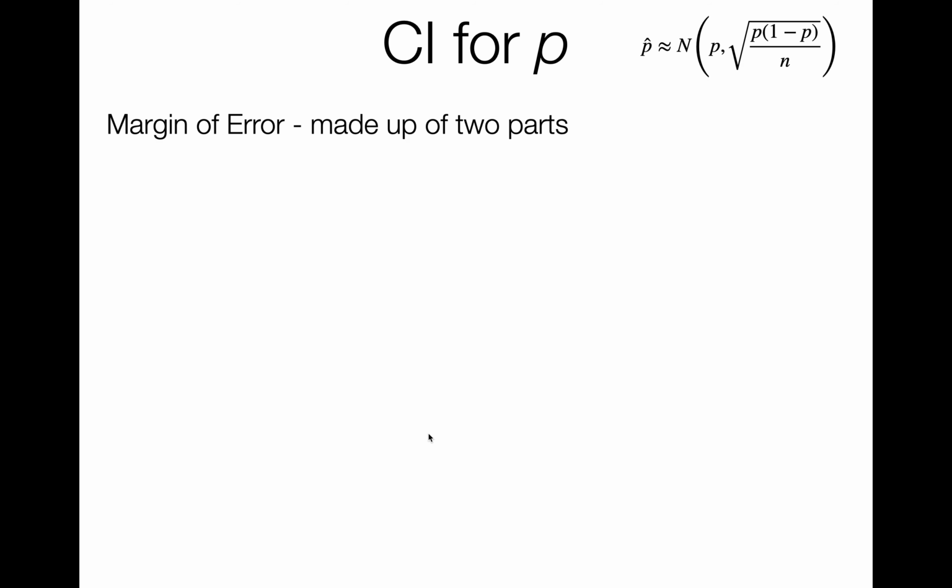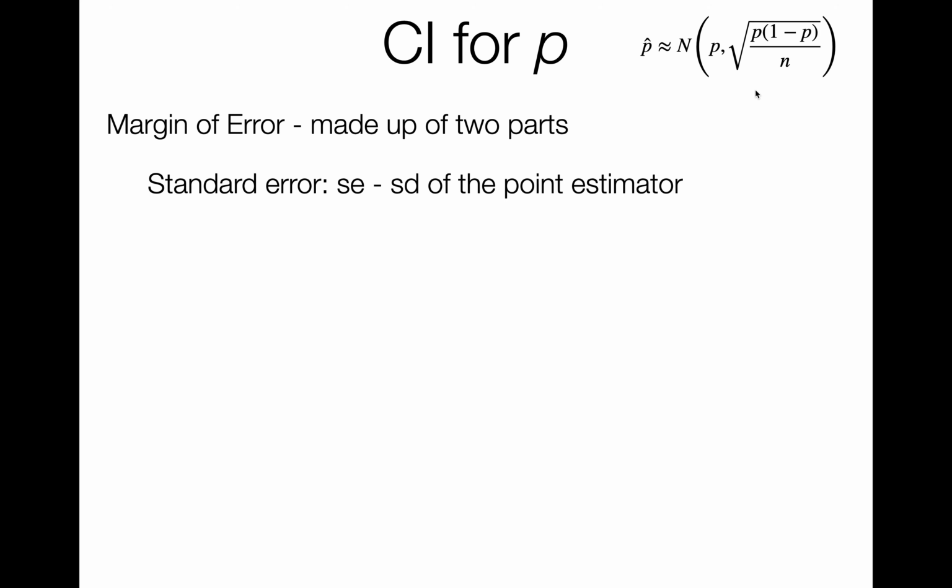Okay, so let's dig down further and talk about this margin of error. Okay, and I kept the sampling distribution up here in the top right just so you have that as reference. Okay, because we're going to use it in a second. The margin of error is made up of 2 parts. The first part is called the standard error. Okay, and I'm going to call standard error SE. And you might think, well, the standard error looks a lot like standard deviation.